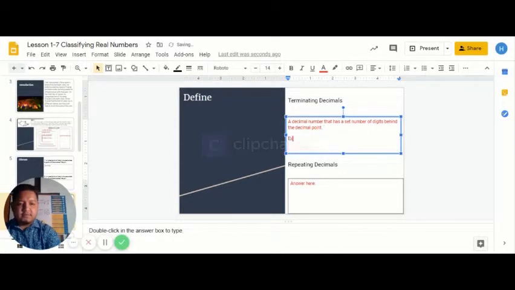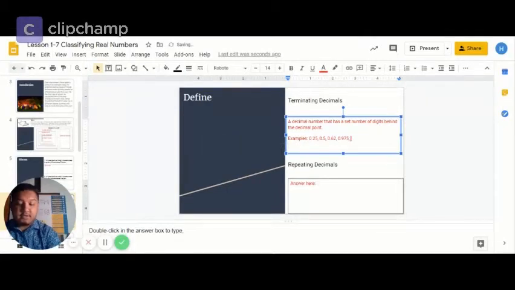So some examples can include the number 0.25, 0.5, or 5/10, 0.62, or 62 hundredths. It can include a number that has three digits behind the decimal, so 0.975 or 975 thousandths.